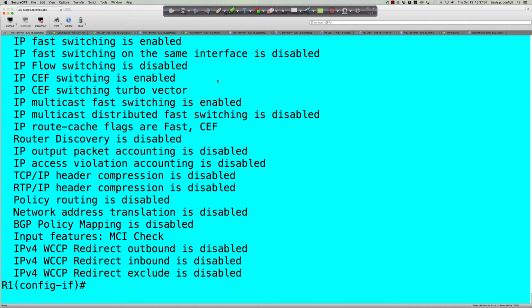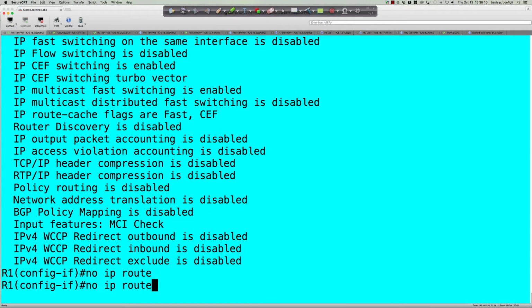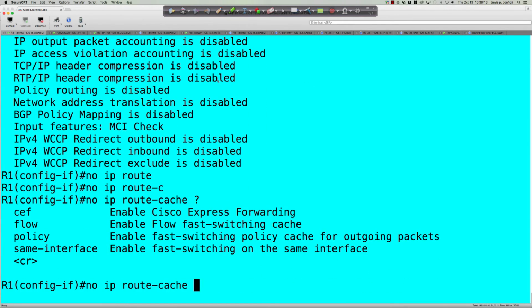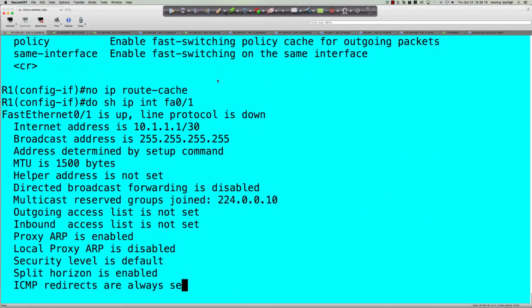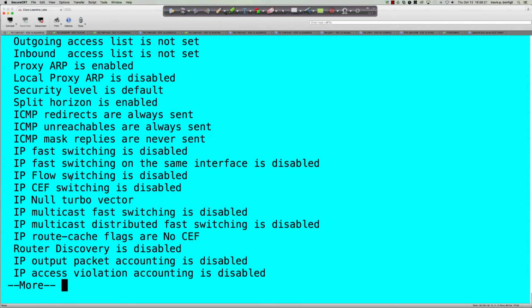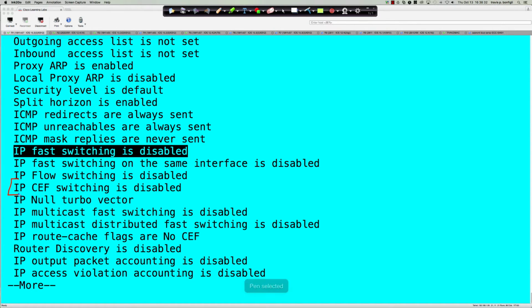Now here's the interesting use case. So how do I turn off fast switching? And they show you how to do it, but how do you think you turn fast switching off? No ip route-cache by itself. And I hit enter. Now let's say do show ip interface Fa0/1. So what do we see here? We see that IP fast switching is disabled, but what else got disabled? CEF.